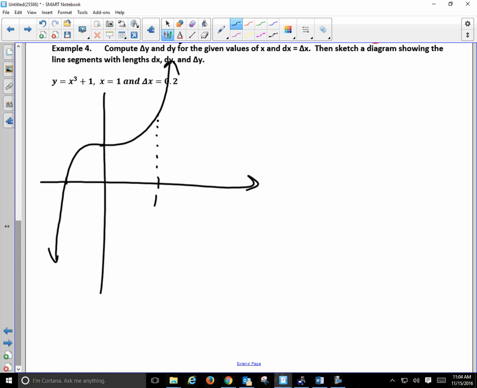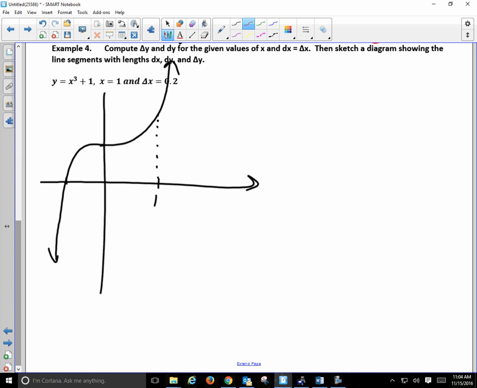All right. So we have an x value of 1. We have a function of x cubed plus 1. I'm going to use my delta x value. It says to compute delta y and dy for given values of x and delta x equals dx. Sketch a diagram showing the line segments and the lengths of dx, dy, and delta y. So first of all, how far do I move over that way?